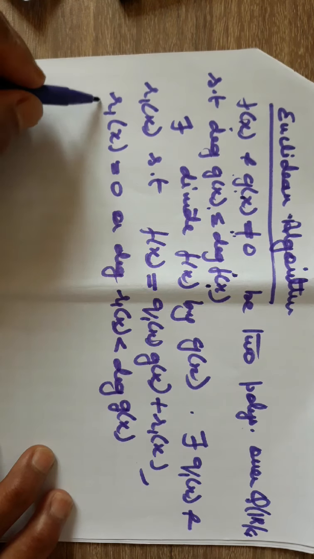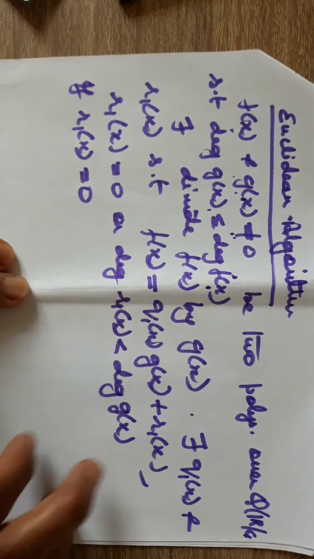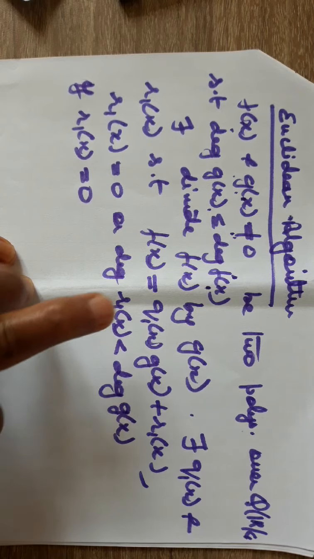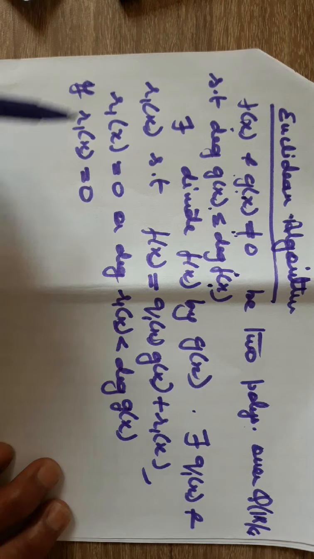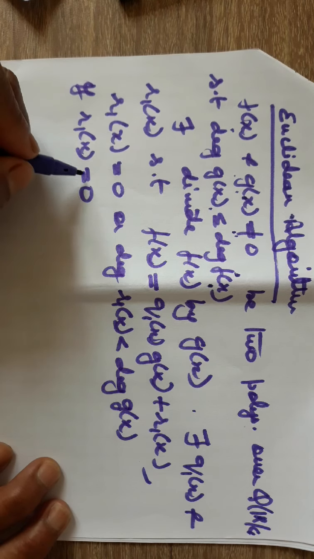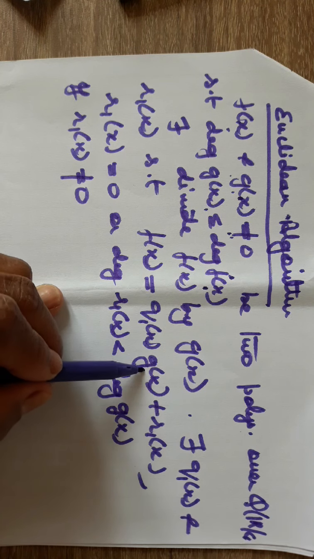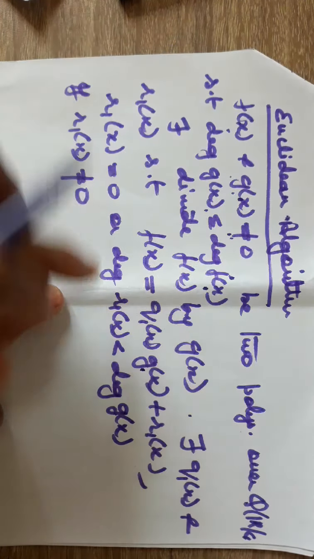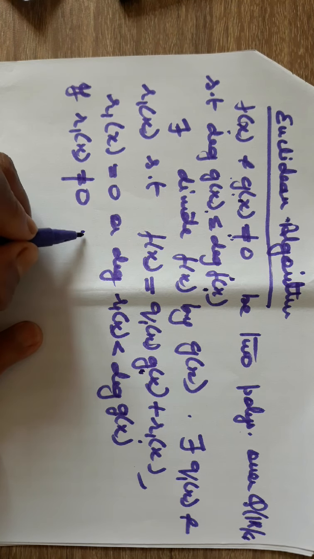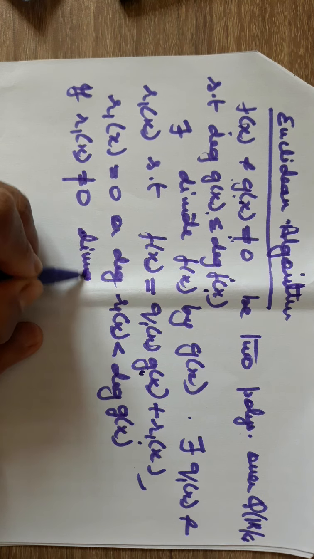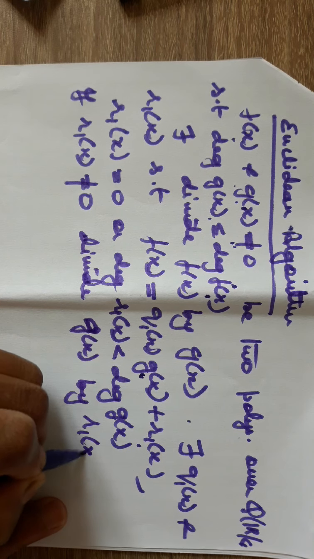So if r1(x) is equal to 0, then the common divisor is g(x). Suppose r1(x) is not equal to 0, then you divide g(x), the divisor, by the remainder r1(x).